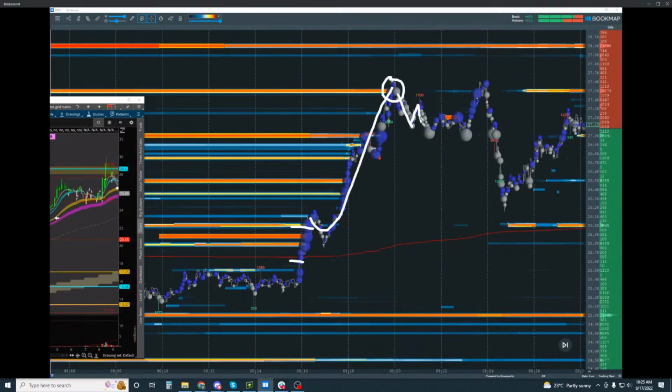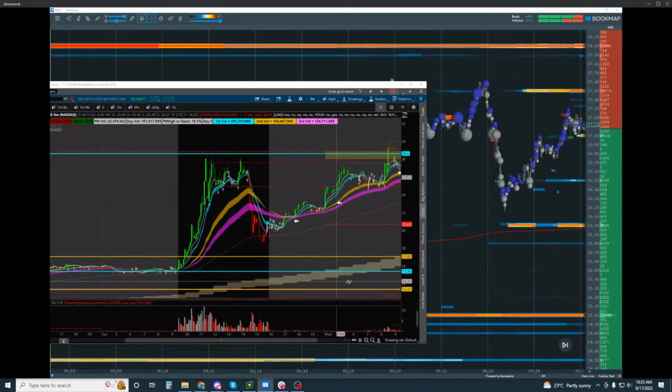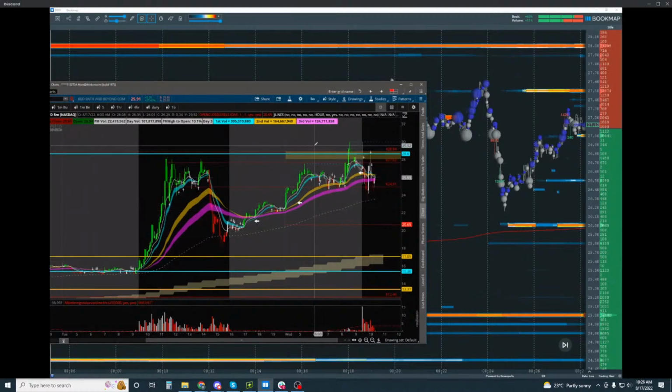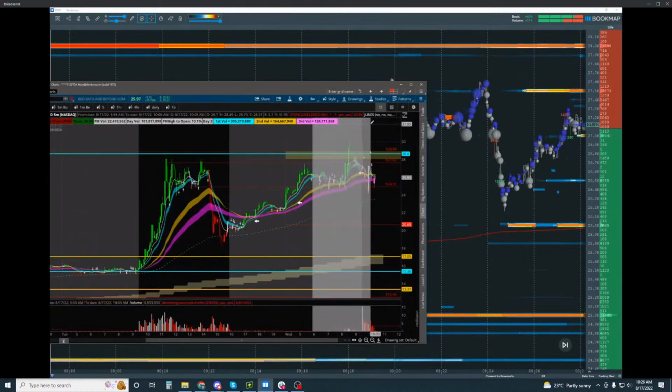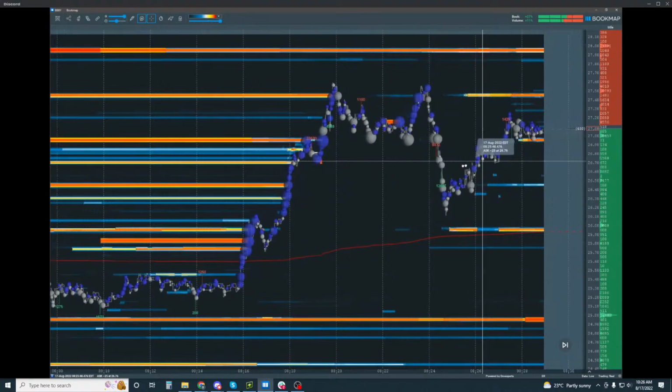Then it came down and I bought over here partial, sold over here more. And then once we got this pullback over here to the 26, I reloaded the boat, full size back in again. And while I was doing this, I was commenting in my room, telling every single thing that I was doing, so I was already sharing this in streaming in the room. So that dip that came over here at 8:30, check this out.